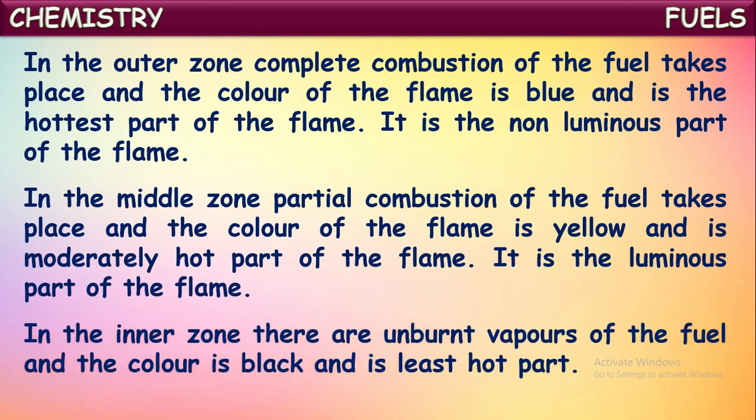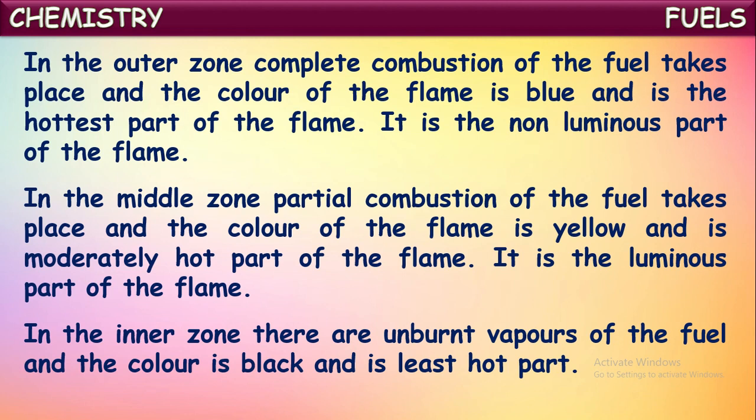Next, the inner zone of the flame. In the inner zone, there are unburnt vapors of the fuel because there is no supply of oxygen gas to that inner zone. The gas surrounding the flame is burnt in the outermost zone and middle zone itself. There is no proper supply of oxygen gas for the burning of these fuel vapors at the innermost zone.